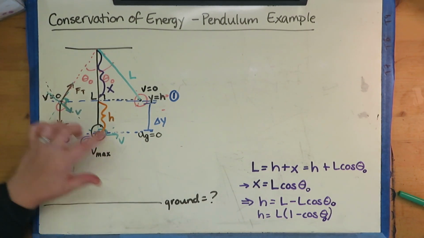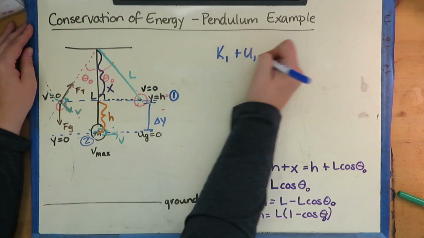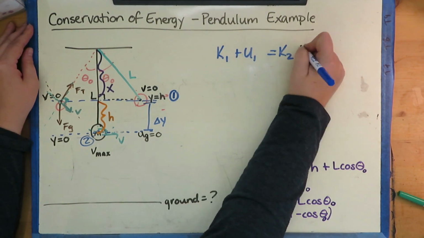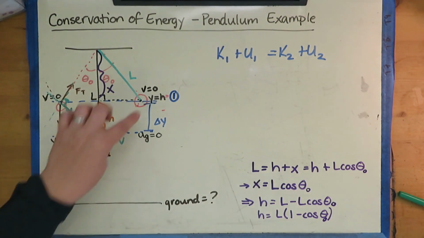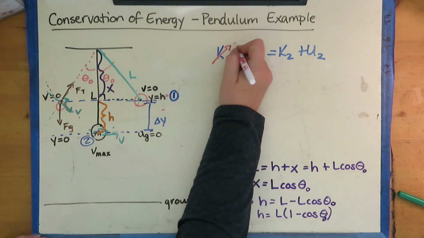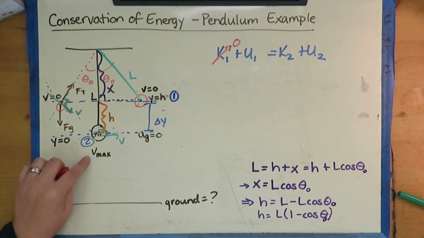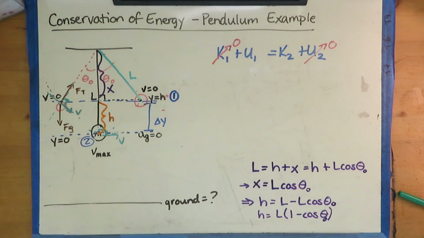So if I'm looking for that maximum speed, then I would have K1 plus U1 is equal to K2 plus U2. And then my initial velocity is 0, so K1 is 0. And my velocity here at the bottom is maximum, but my potential energy is 0, so U2 is 0.